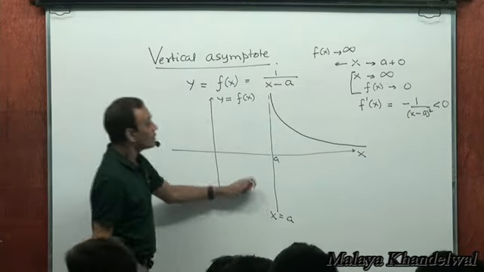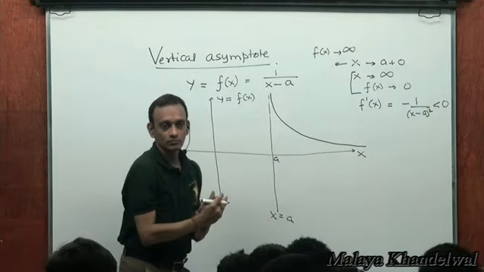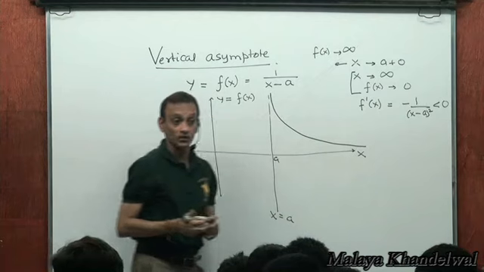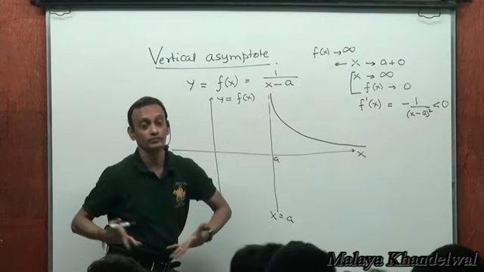So this x equal to a starts to flush with the curve very far away from the origin, and this x equal to a is referred to as a vertical asymptote.